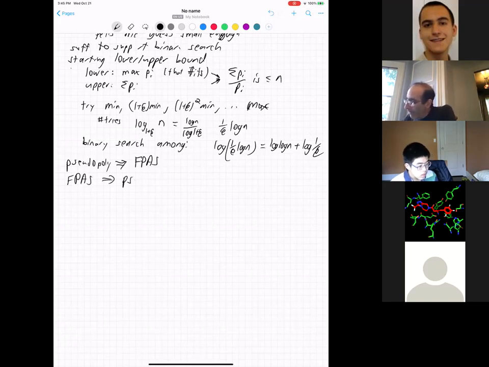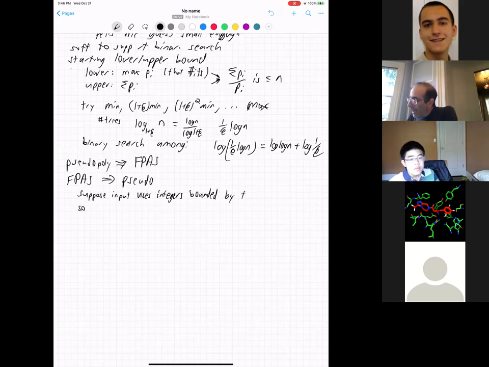Okay. If I have a fully polynomial approximation scheme, I can create a pseudo-polynomial algorithm for the problem. So how do I do that? Well, suppose the input to a problem uses integers bounded by some t.